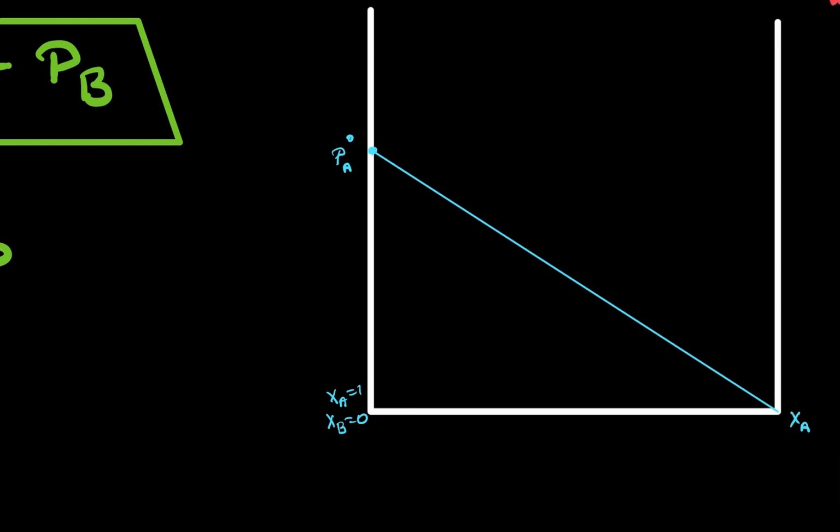And here mole fraction of A will be 0 and mole fraction of B is increasing. This shows mole fraction. Now let's represent B. So B, what happens? Here it is increasing. The partial pressure of B slowly increases. So this is the B.